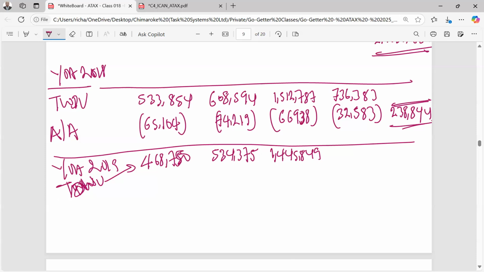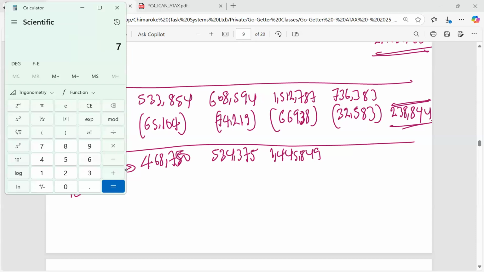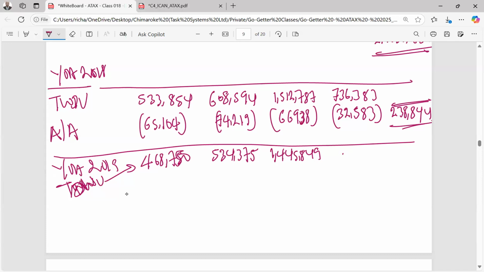So let's look at this one now. It's going to be 736,383 minus 32,583. That gives me 703,800. So let me do it properly. It's supposed to be tax written down value.